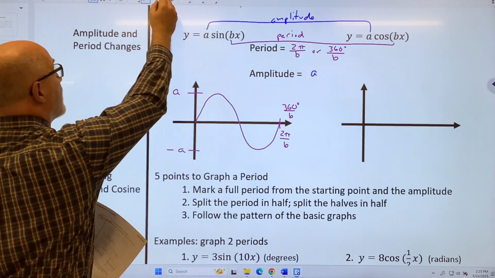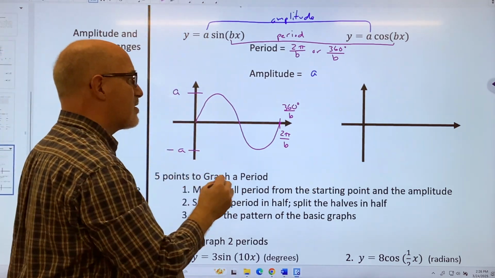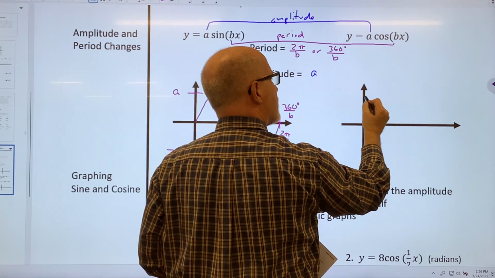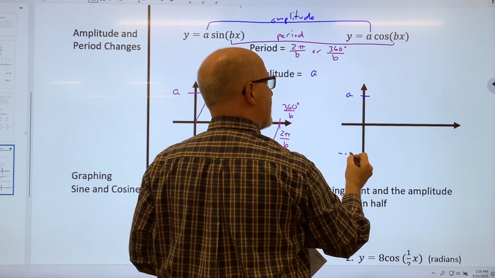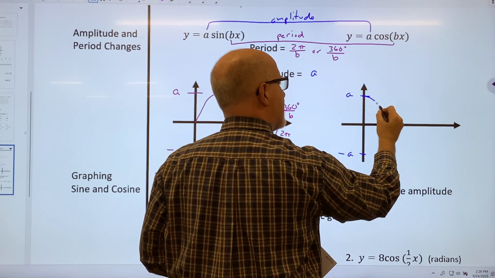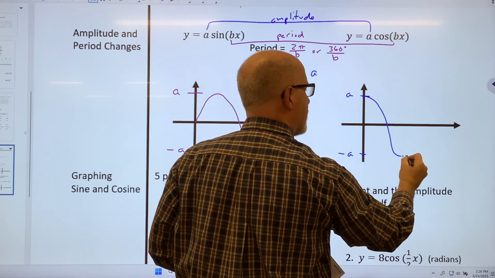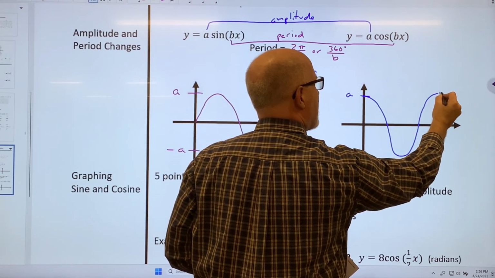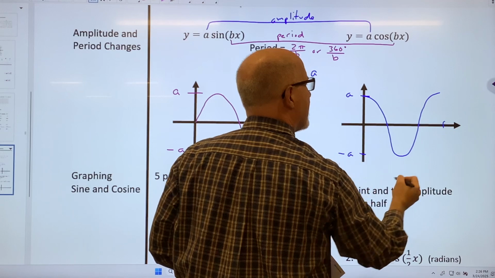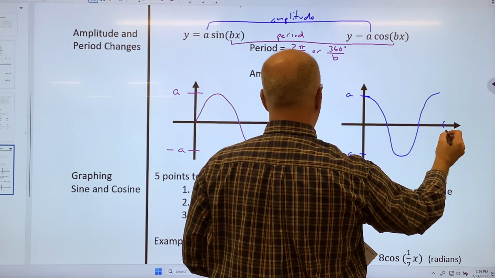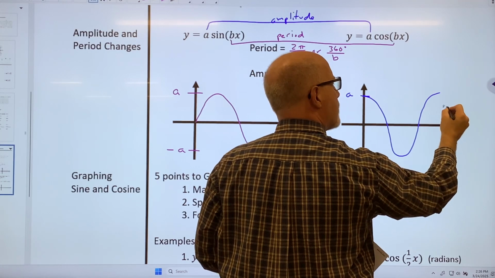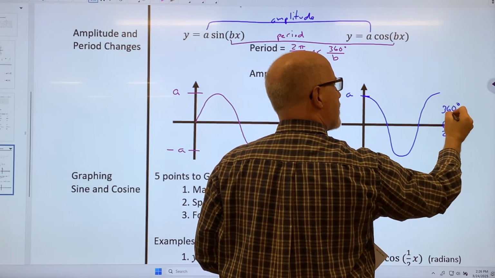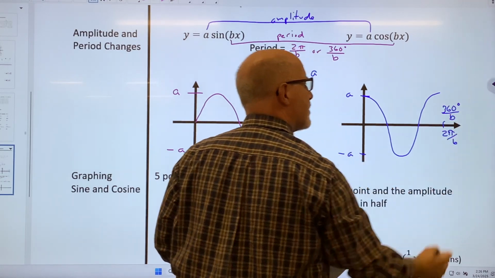Now cosine, on the other hand, starts at the top of the amplitude. So it's going to start up here at A, go down and hit the bottom point at -A, and then come back up before it repeats again. So this value out here again is 2 pi over B, or 360 over B if you're in degrees.